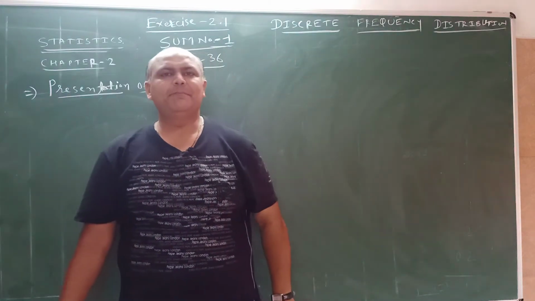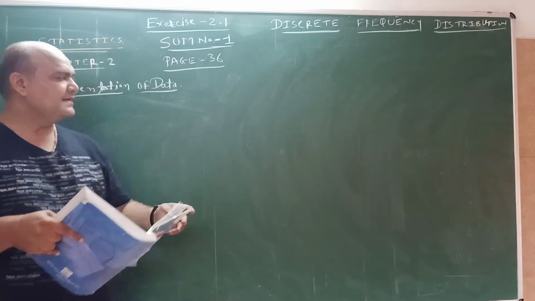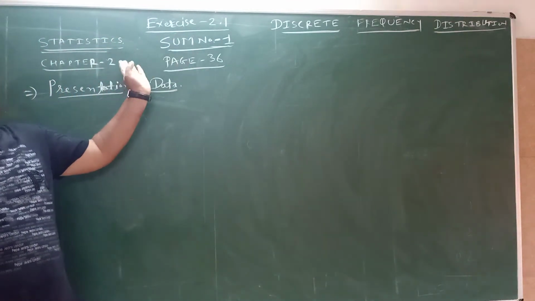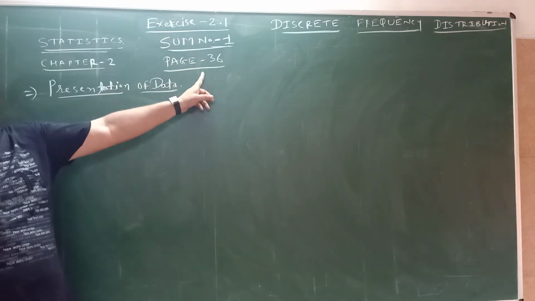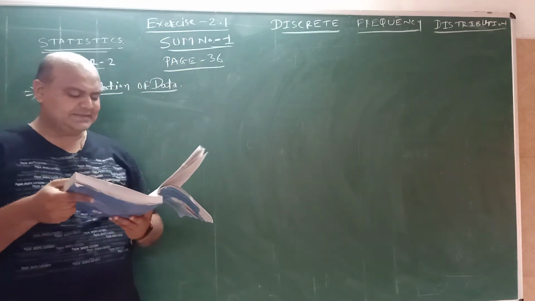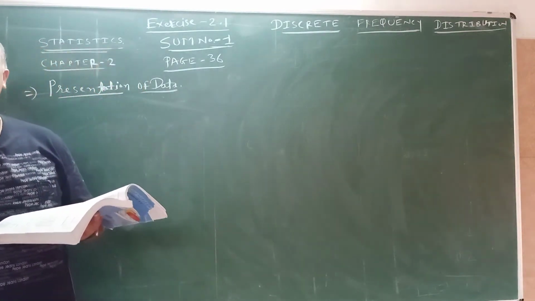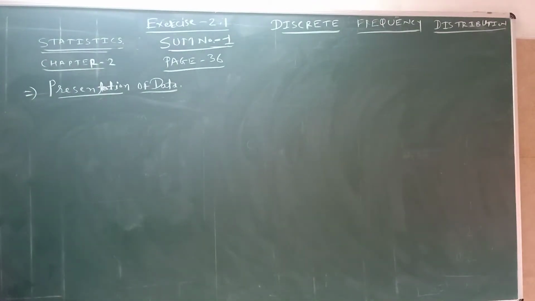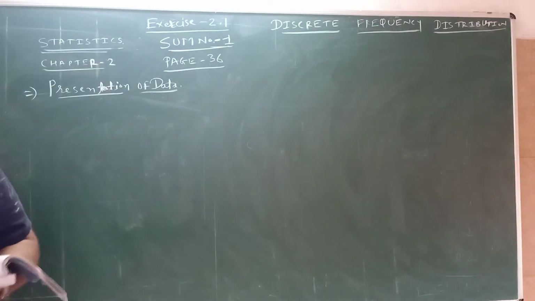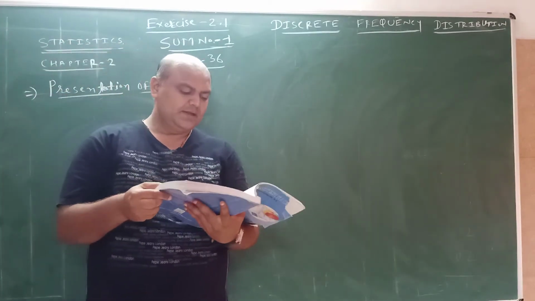Today, I am presenting your exercise chapter 2, exercise 2.1, sum number 1, page number 36. Today we take one sum from your exercise, and as a live lecture I explain the whole sum, how to prepare discrete frequency distribution.